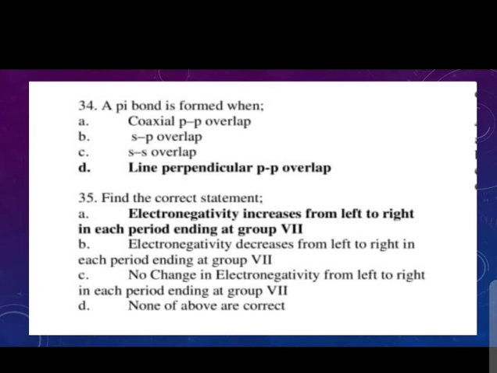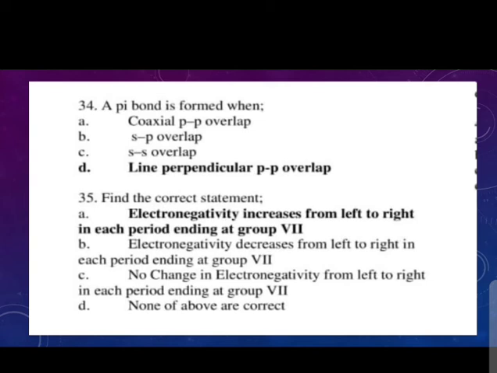Moving to our next question. Find the correct statement. So our options are A. Electronegativity increases from left to right in each period ending at group 7. B. Electronegativity decreases from left to right in each period ending at group 7.